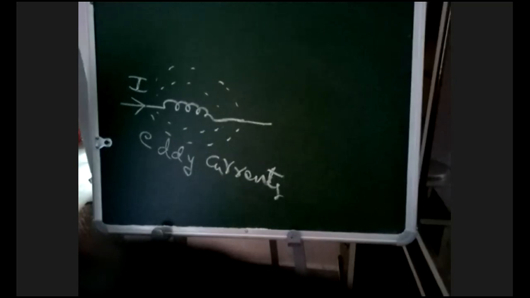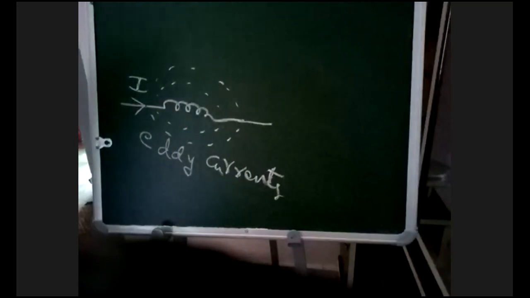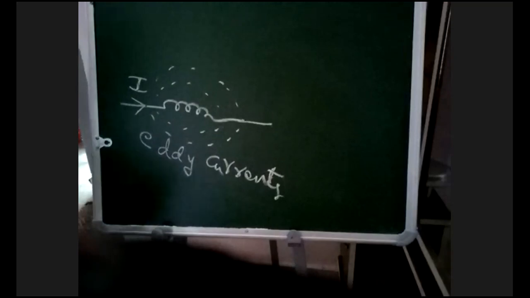I am telling, due to the current in the winding, loss will occur in the core iron piece. Here current is flowing in the winding, but loss is occurring in the iron piece. Remember what I am telling. Then what do you mean by this loss? Eddy current loss. I will tell.